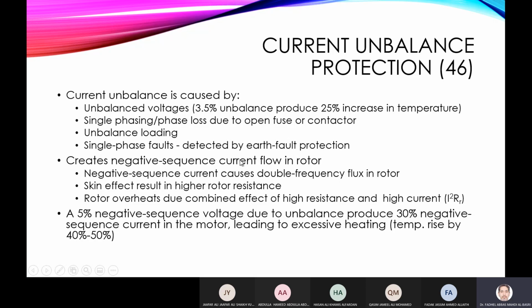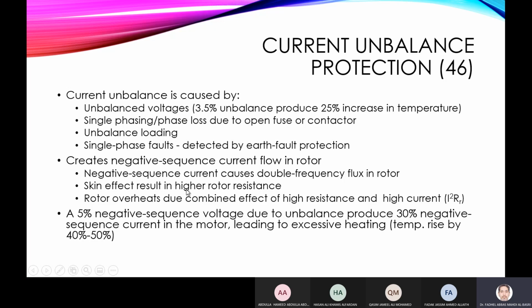current measurements. Negative sequence current is normally caused by unbalance in voltages, whether due to unbalanced voltages or due to loss of phase.